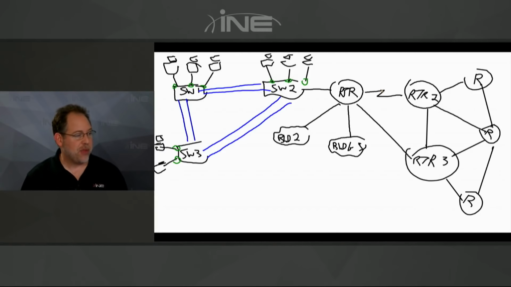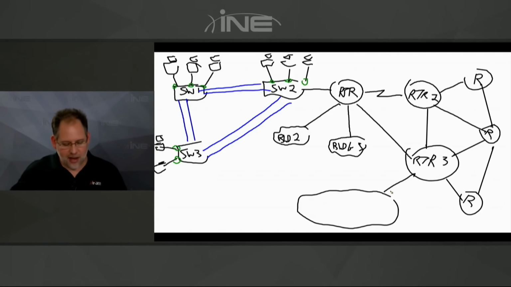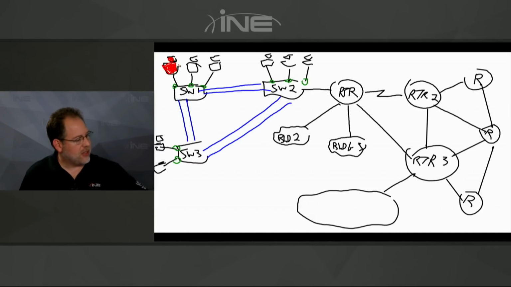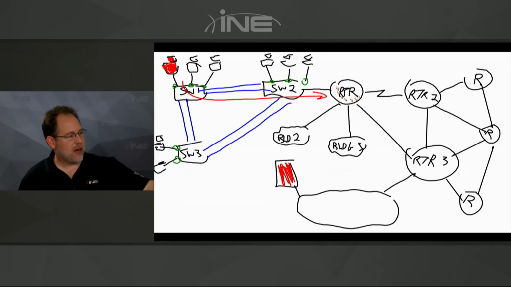Another big component of routing technology is, let's say I have this laptop right here in red, and it needs to send some information to this server right here, which is also in red. That information is going to hit this router, and this router has several different paths it could take.